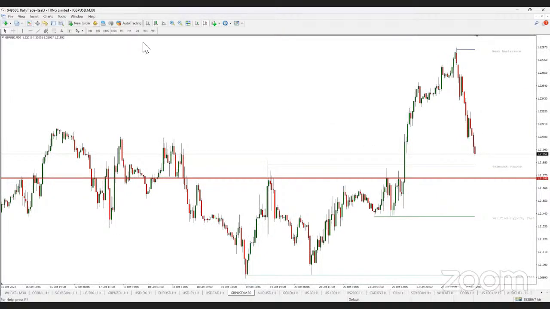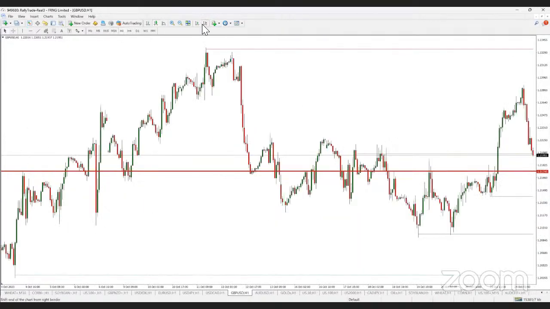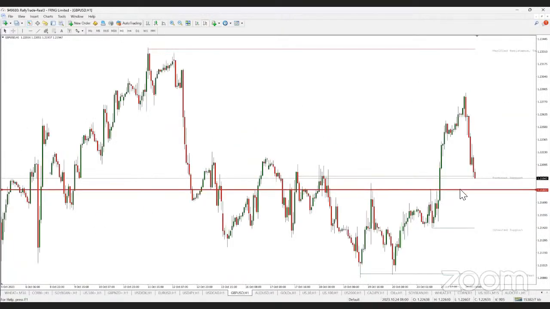So for GBP USD today, we are going in for a sell, and our take profit for the sell is going to be at price 1.21821. That is my take profit for GBP USD today.